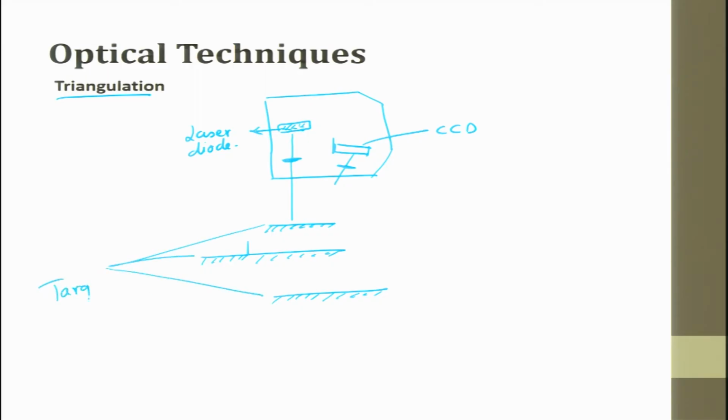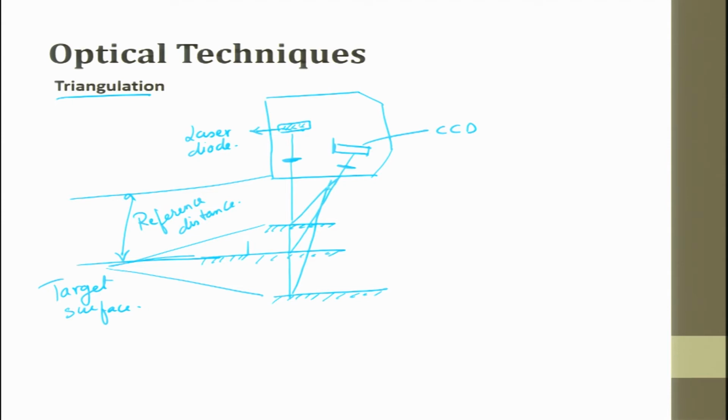These are the target surfaces, and this is the reference distance. The light hits from here and goes to here, the light hits from here and goes to here.